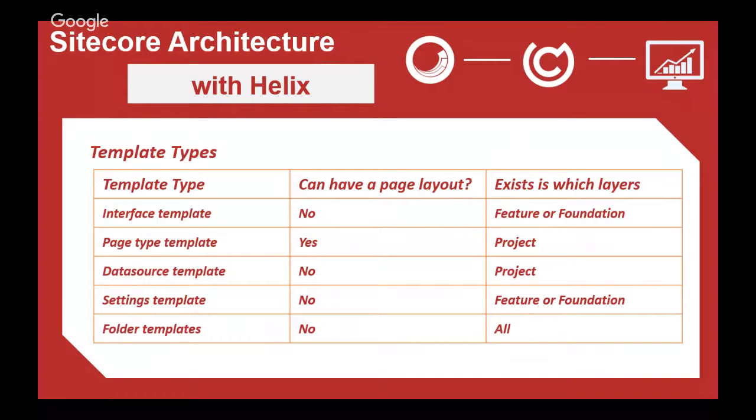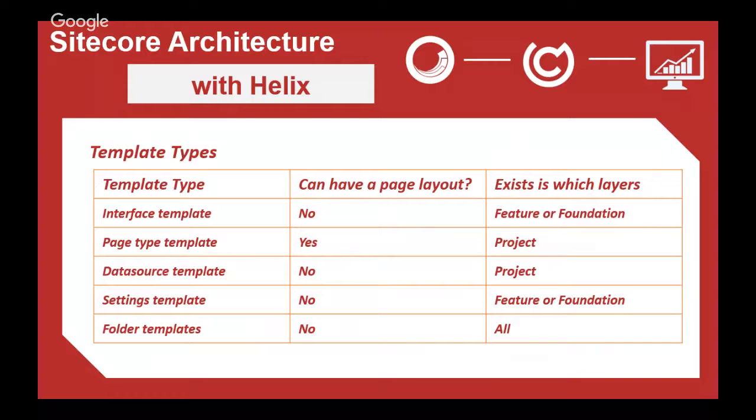One thing that is also important when dealing with Helix is the different template types. I think through implementing so many Sitecore implementations, visually or logically, you can group your items into those that only hold content and those that hold your pages.